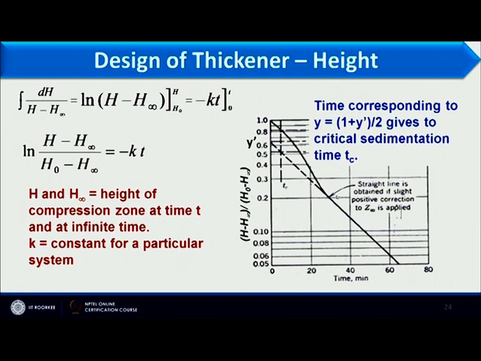What is y dash? As this section is almost linear with time, that is the compression zone line. When we extend this, it will cut the y axis at y dash. So 1 plus y dash by 2 will lie somewhere over here, and the corresponding value of time is Tc. This is Roberts method to calculate the critical sedimentation time.